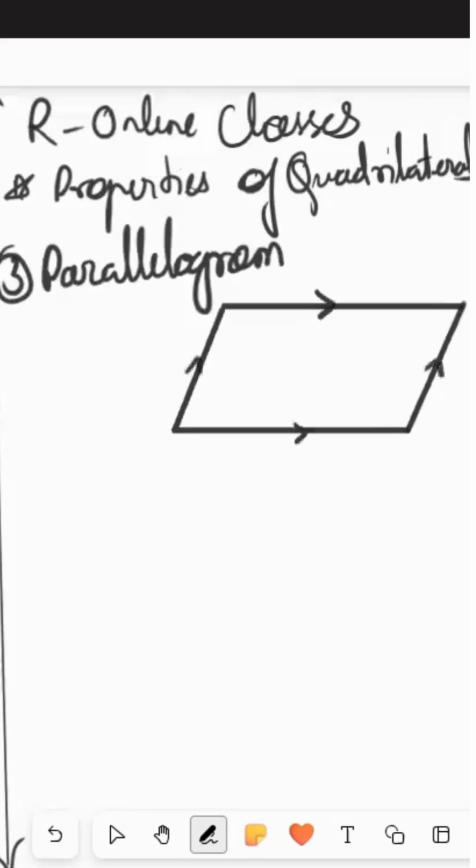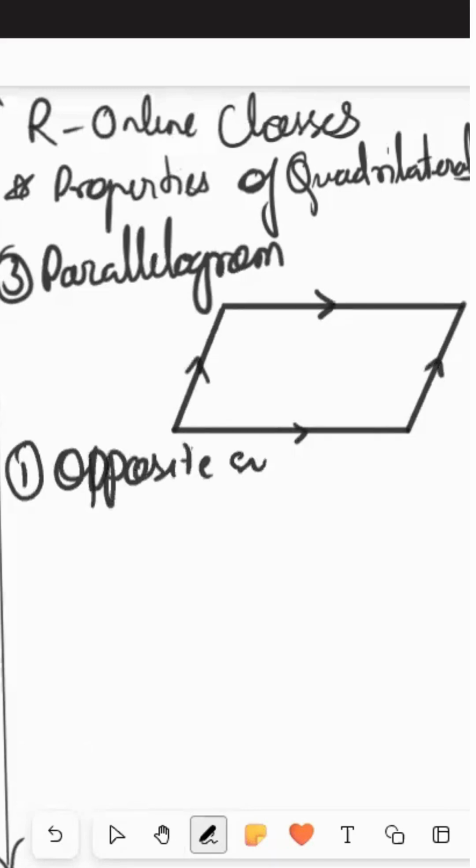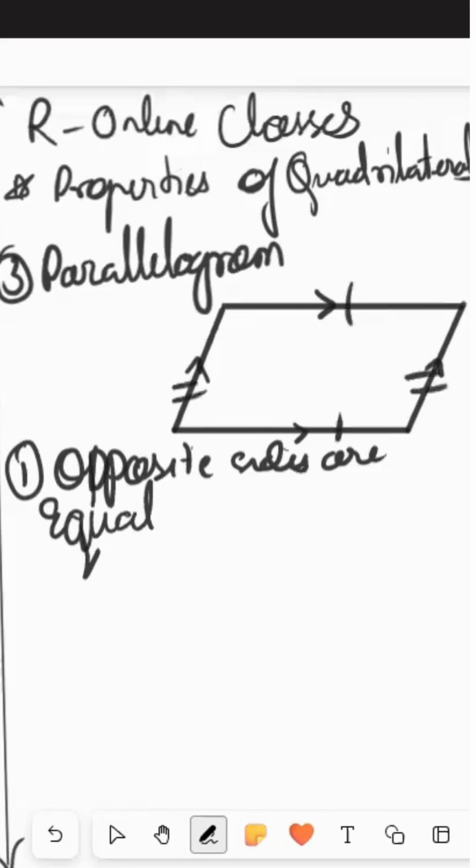For parallelogram, in this case, the first one, opposite sides are equal. That means this side is equal to this side and this side is equal to this side. They are not equal to each other, that is, adjacent sides are not equal. Now, opposite angles are equal.